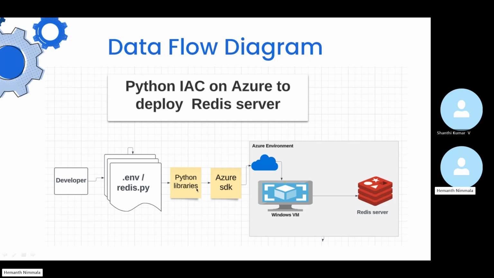Next, with the help of dependencies, some native Python libraries and some that we install which are very specific to this demo are already installed on my local machine. This file would interact with the Azure SDK and the API to provision the virtual machine that is required, and then later deploy the Redis server on the Ubuntu VM.